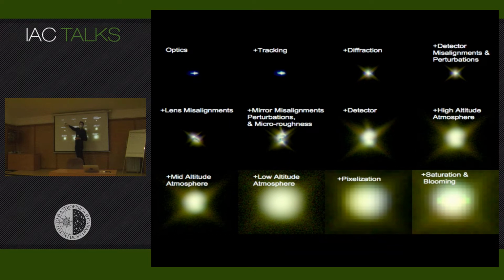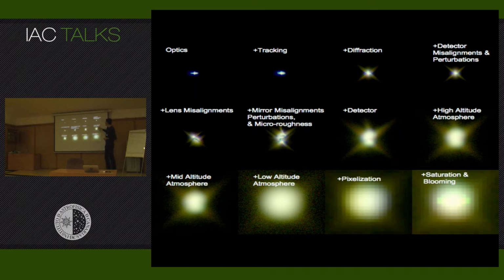For the Hubble Space Telescope, if you're using a space-based telescope, these are the kinds of things that are going to be dominant in your point spread function. Then the telescope is not tracking perfectly. There's also diffraction. Then you cannot align every single lens and mirror perfectly, so you get effects due to that. This is detector misalignments, these are lens misalignments, mirror misalignments. Then you have a detector which is not perfect, your silicon.